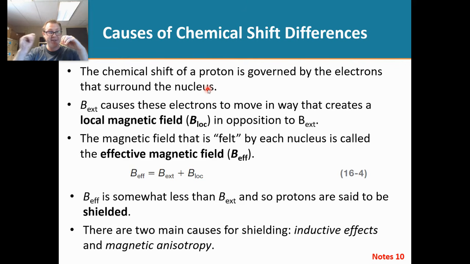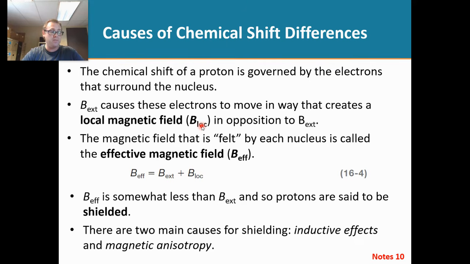Now, when electrons are spinning really, really fast, and we place those electrons in an external magnetic field, we generate what's called a local magnetic field, shown right here with the B sub LOC for local.